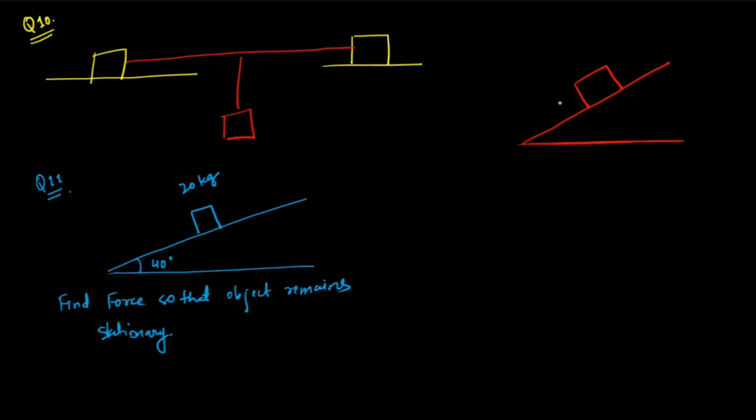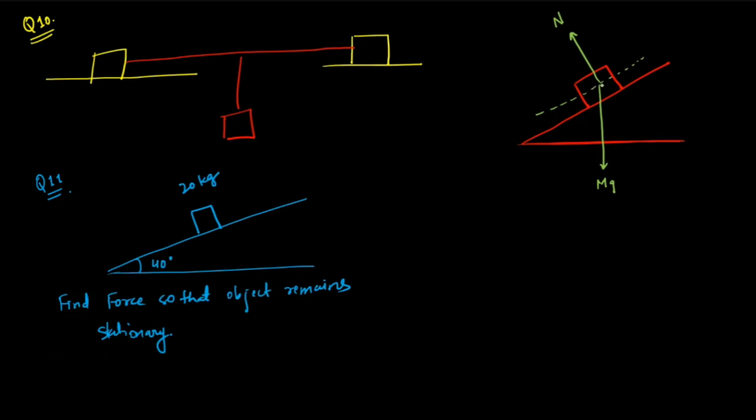Remember this. So here, what we can say is that there must be some mg acting in the downward direction. Let's start by simply drawing its FBD. There must be some force acting in the downward direction, which is called mg. Apart from this, it must be experiencing some normal in this direction. So which force is actually responsible for the motion of the object in the downward direction?